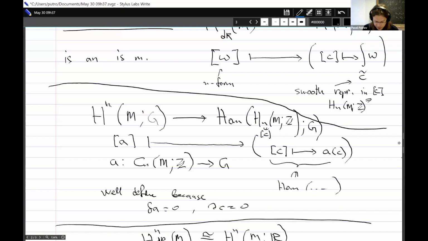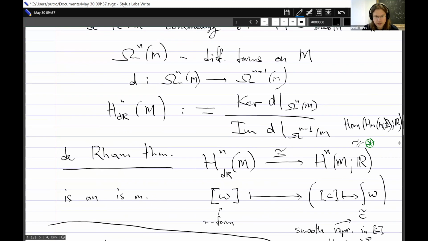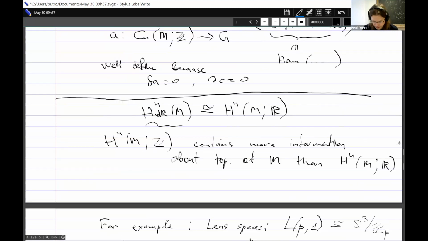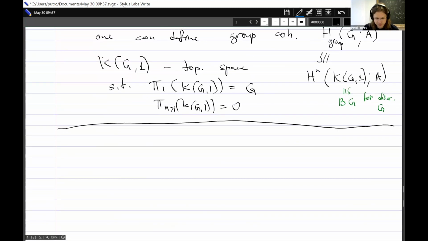Yeah, here we are considering this cycle as an element of homology with integer coefficients. So it's just the group of integers.